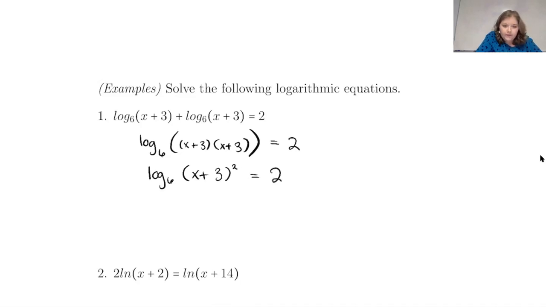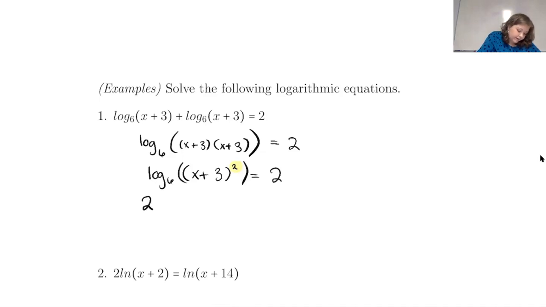And one thing that we can do with this one is we can rewrite it as an exponential, or we could write it with this 2, instead of being an exponent on the inside, as a coefficient on the outside, and that's actually going to be a little bit easier if we do that.